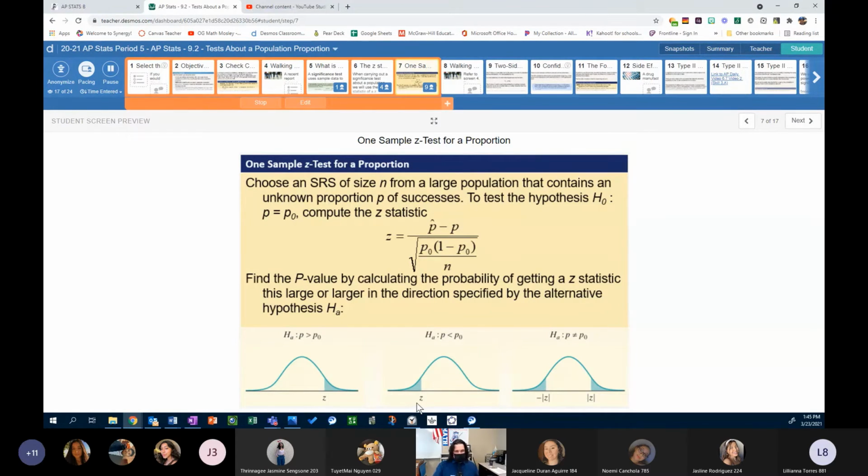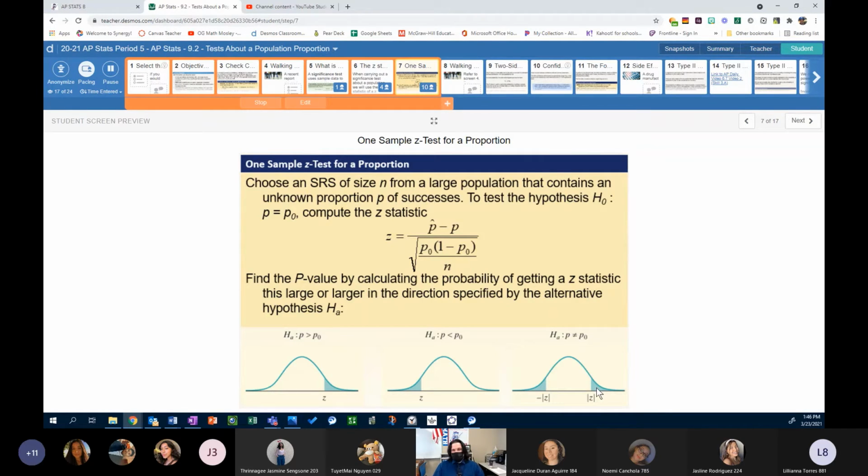It could be positive, it could be negative, depending on what we get from our formula. If we have a two-sided hypothesis, where we're just saying p is not the same as the null hypothesis, then we get a two-sided graph, so to say. We're looking at both tails: the area under the curve less than the negative Z, and the area under the curve greater than positive Z.